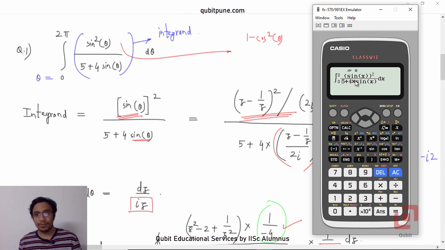This doesn't understand sine squared x, as per my knowledge, so you first type sine x and then put a bracket and then square it. Let's now get the limits: lower limit 0, upper limit 2 times pi.